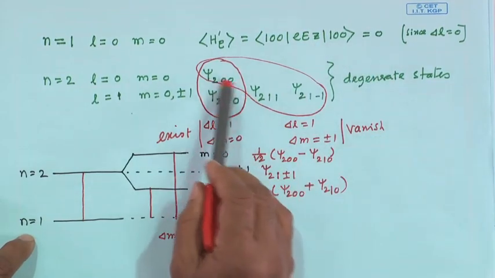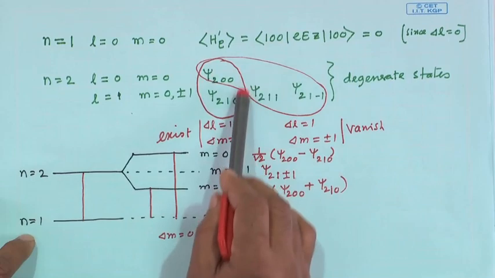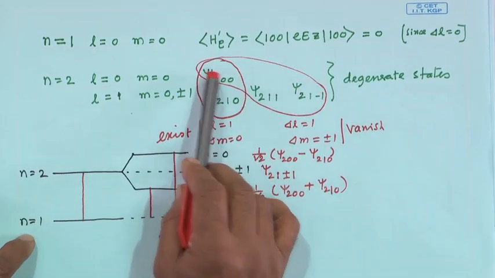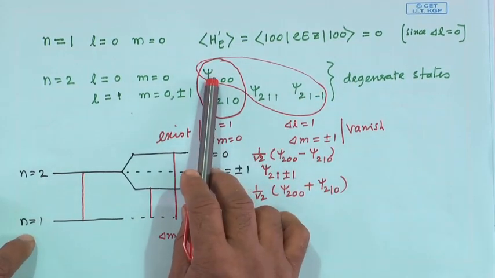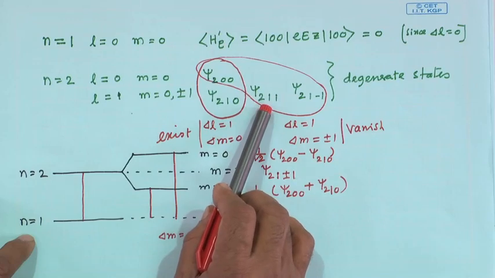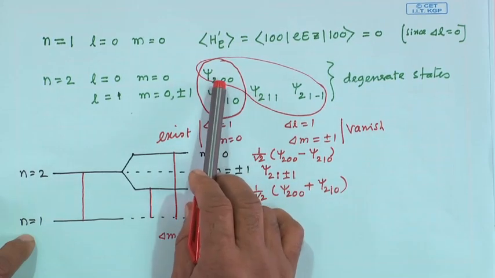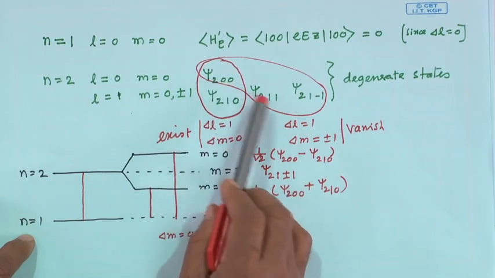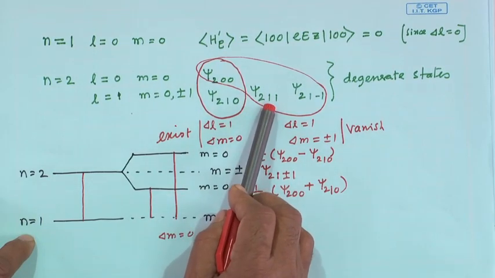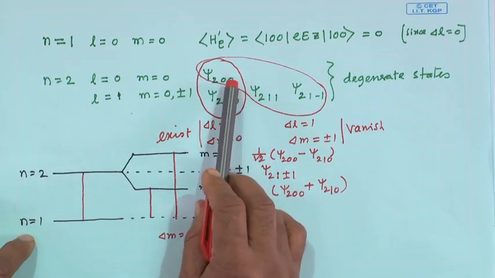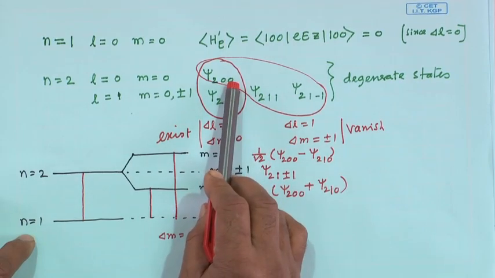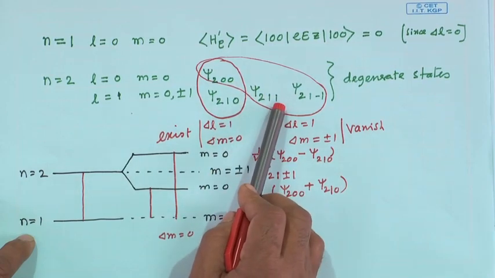Now take this one with the other states. Here n equals n dash, L is 0 and 1, so del L equal to plus or minus 1, which is satisfied, but m equal to 0 and m equal to 1, so del m will be plus or minus 1.